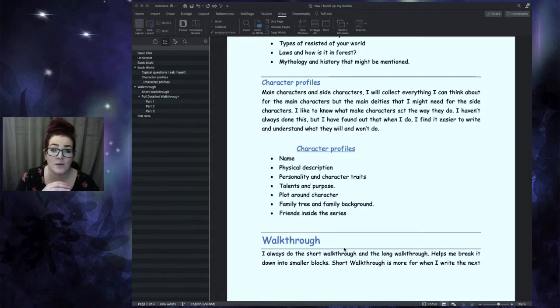With side characters, I will do something similar. If they have any connection to main characters or other side characters, if they appear in any books, which book they appear in, what scene, all the information I might need to go back to later if they meet again. Let's say two books down, they meet again.